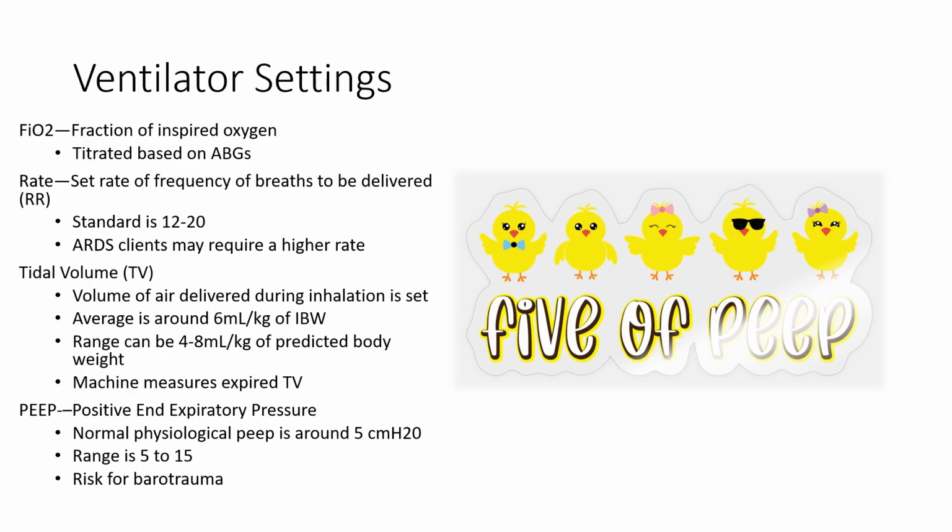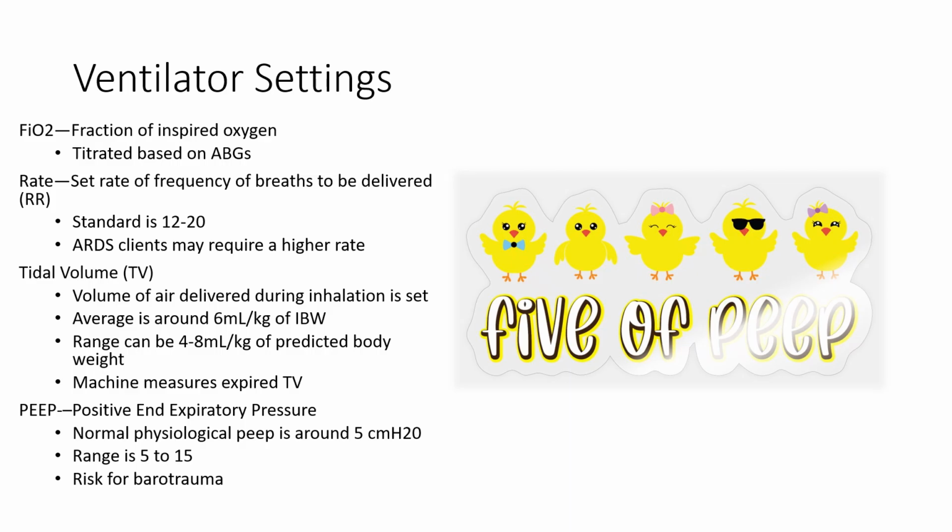Respiratory rate. This is just going to be the frequency of breaths delivered. Standard is going to be 12 to 20 a minute, but there are many conditions that may warrant a higher respiratory rate, like ARDS, or we may go outside of those parameters based on a patient's ABGs.